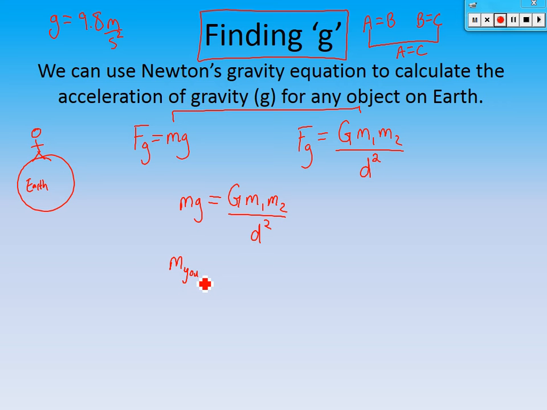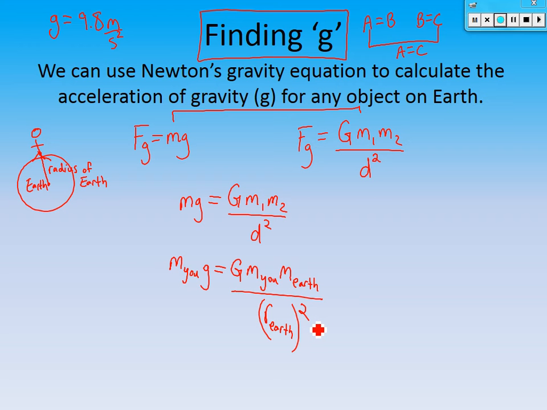The mass of u times g, that's how you would find your force of gravity, is equal to big G times the mass of one of the objects we're going to call u, and the mass of the other object we're calling the mass of the Earth, divided by the distance between them squared. Well, the distance between you and the Earth is essentially the radius of Earth. So I'm going to put the radius of Earth, but we have to square that number.